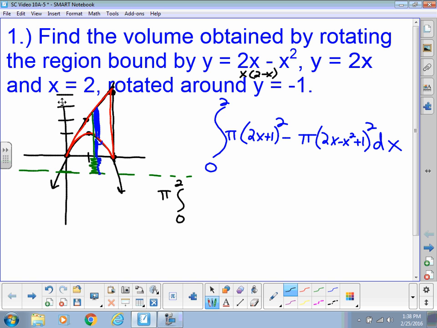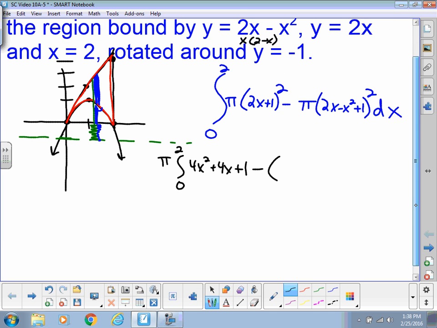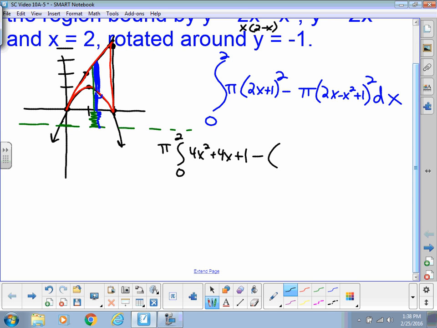If we FOIL out (2x plus 1) squared, we'll get 4x squared plus 4x plus 1 minus, and then parentheses. Let's maybe take this quartic and multiply it together off to the side, because that'll take a little bit of work.